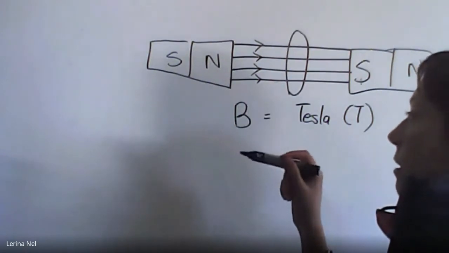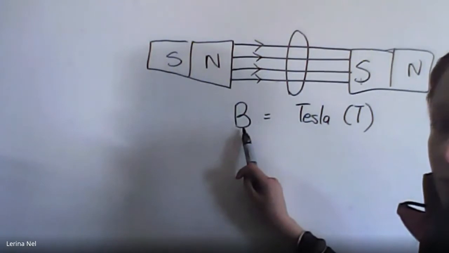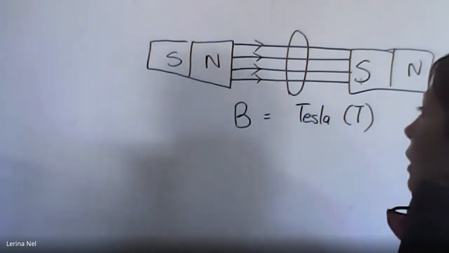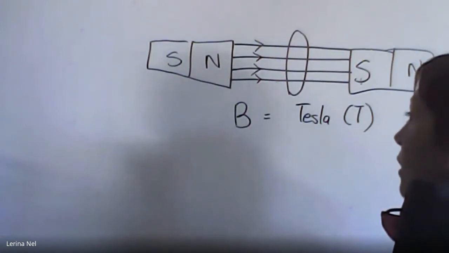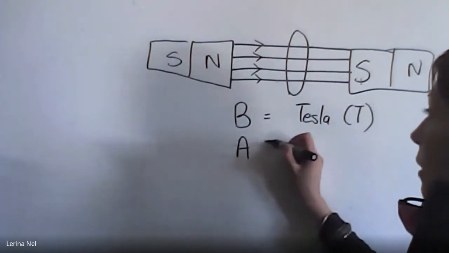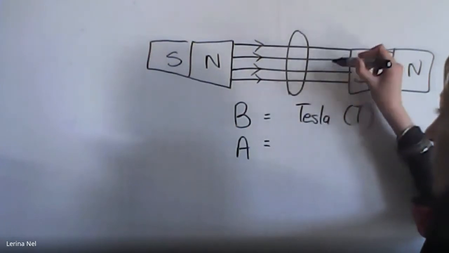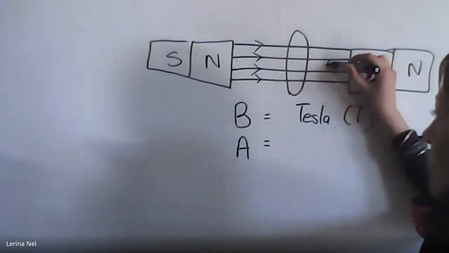It makes sense then that when we use bigger magnets, this will be larger. The magnetic field strength will be larger. Then the second thing about this that we have to look at is the area of the loop. So if you imagine the area of this loop, let's say the loop was this size.